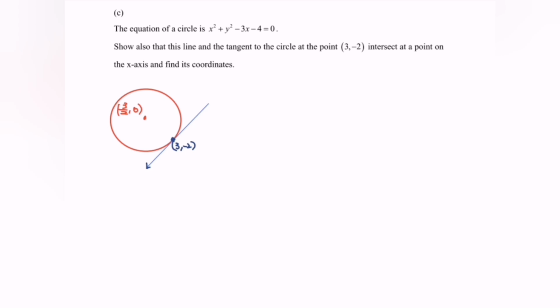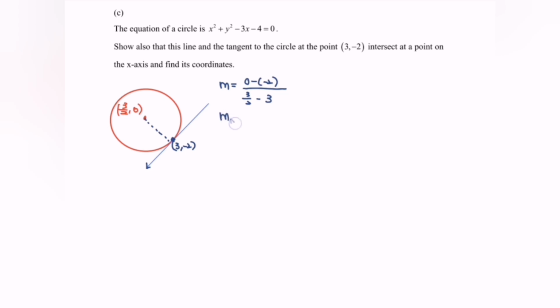First, what we have to do is to find the gradient for the normal. So m is equal to y1 minus y2 over x1 minus x2. In this case, we have 0 minus negative 2 over 3 over 2 minus 3. Kindly simplify the situation.